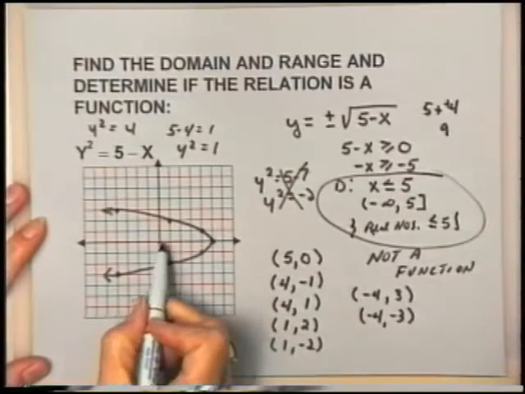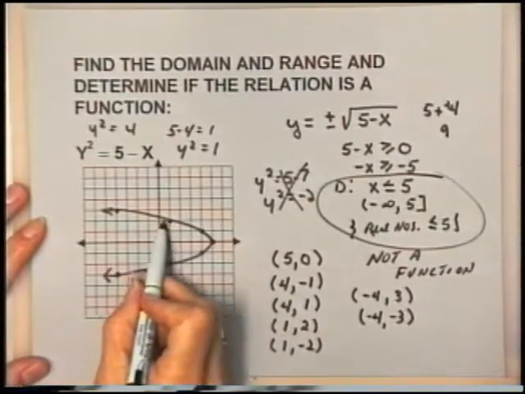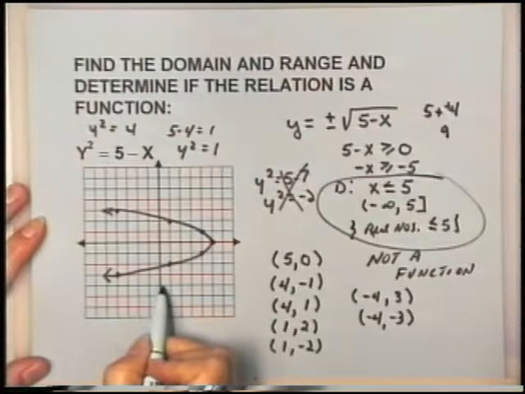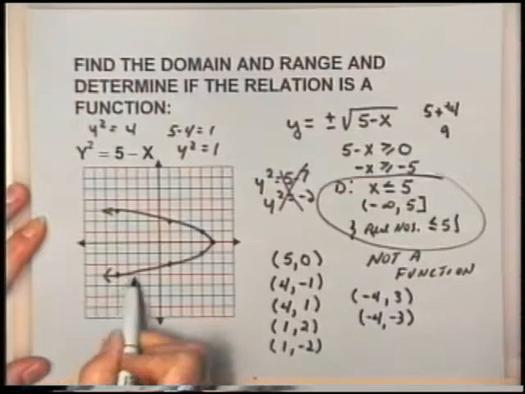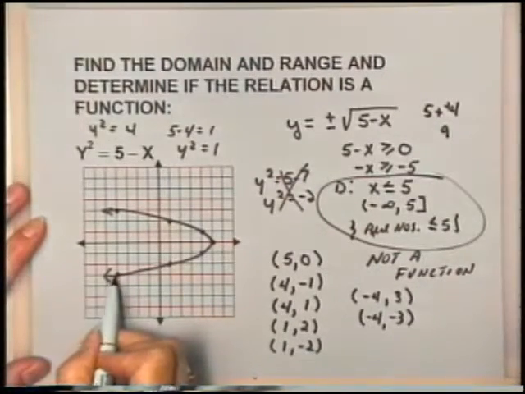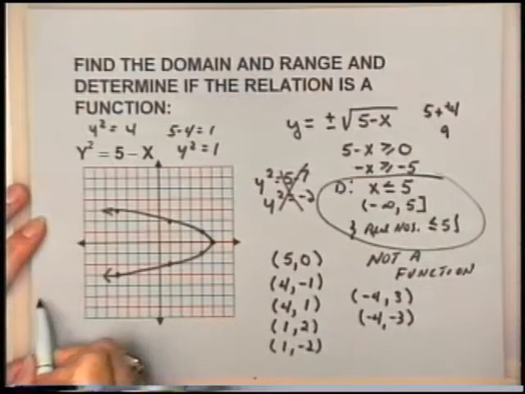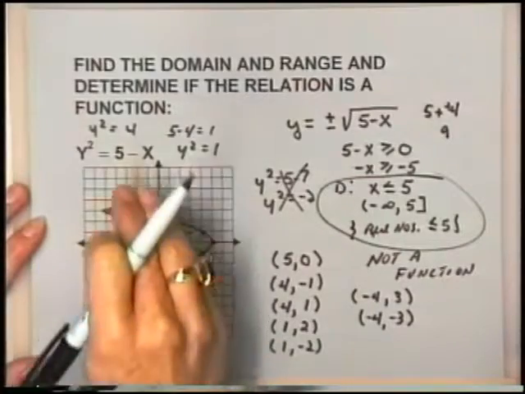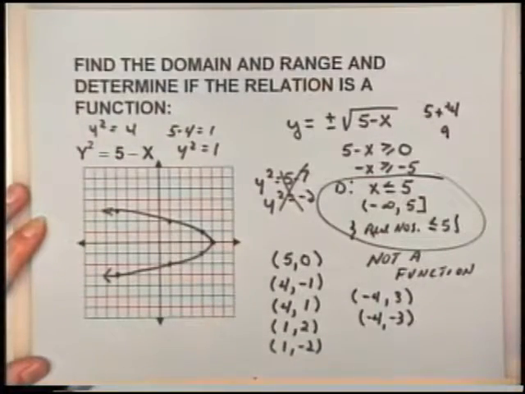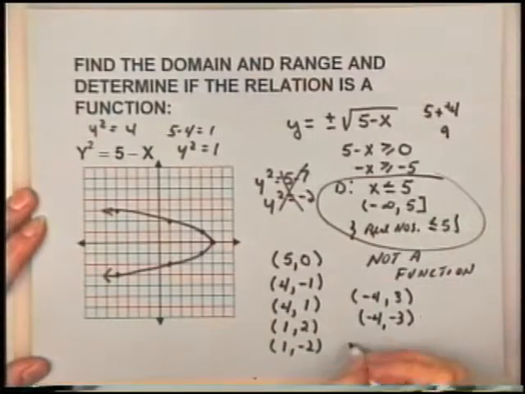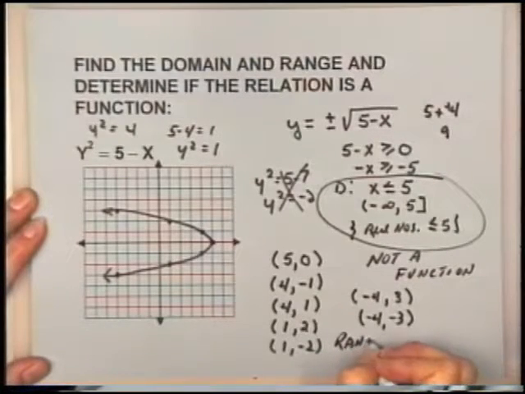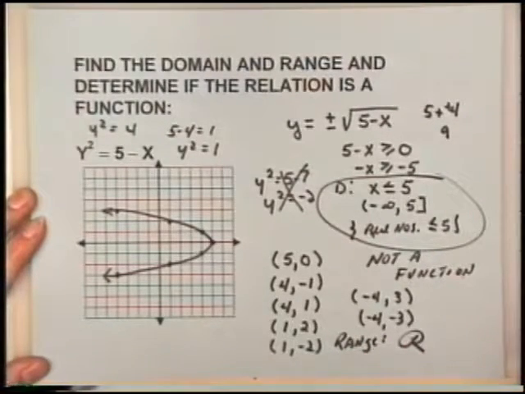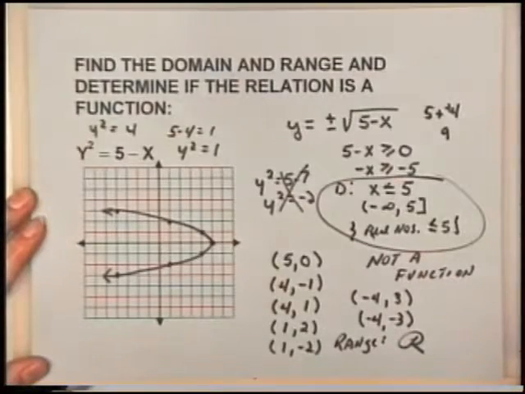Think about your y values. Across from these y values, there's certainly points on the graph. What about down here? If I go out this way, because this is going to continue to slightly go downward as it goes, and this will continue to slightly go upward, we will eventually have a graph for any y value. Our range is any real number.